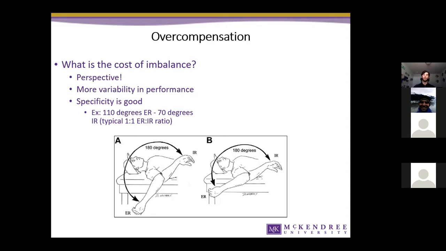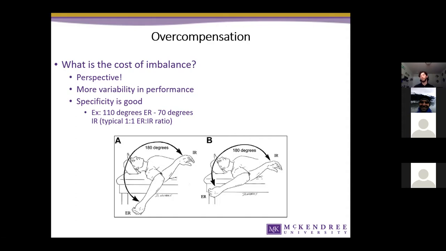However, person A is displaying more degrees of external rotation, less degrees of internal rotation. In a typical non-athlete, that ratio between internal and external rotation will represent more of a 1-to-1 ratio. So closer to the 90 degrees of external rotation and internal rotation.